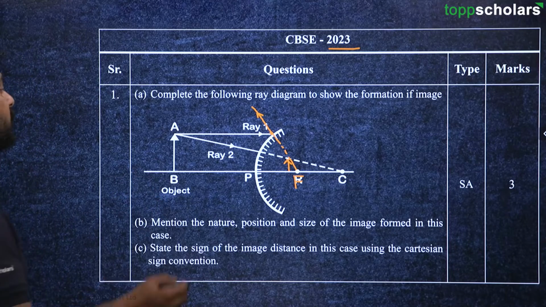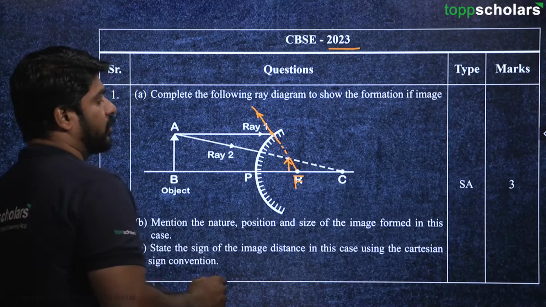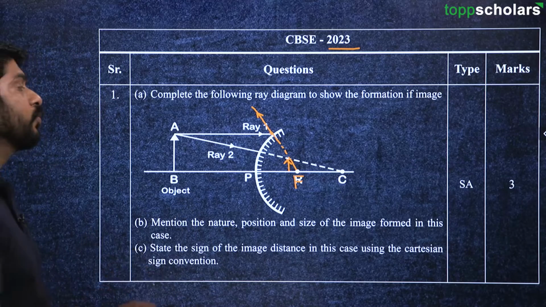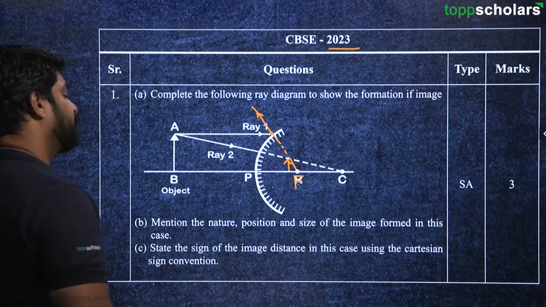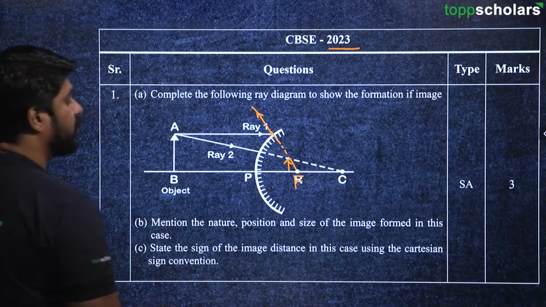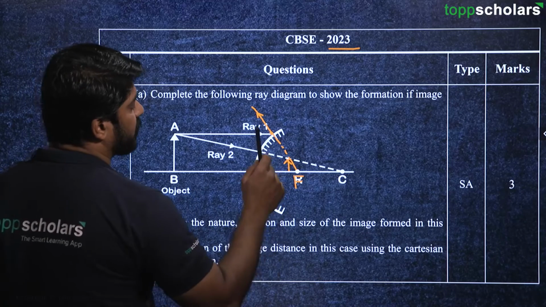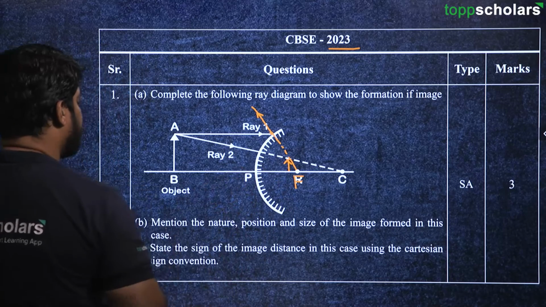So in this case, a diminished but erect and virtual image is going to be formed. Here we have to mention the nature, position and size of the image. As we have just mentioned, it's an erect, diminished and virtual image.